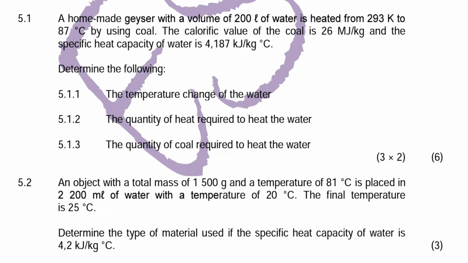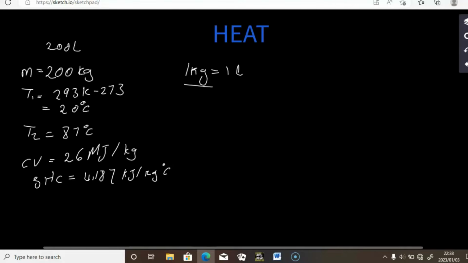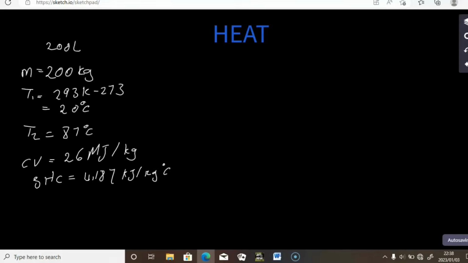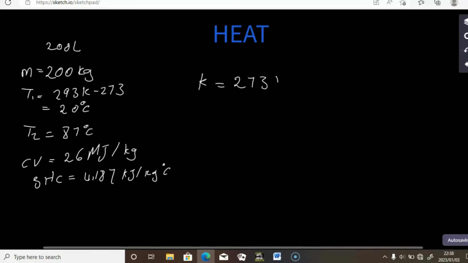So we are given the mass, we are given T1, and T1 is given to us as 293. There is a formula that you need to know, which is Kelvin is equal to 273 plus degrees Celsius. Kelvin is an SI unit of temperature, the same as degrees Celsius is an SI unit for temperature.